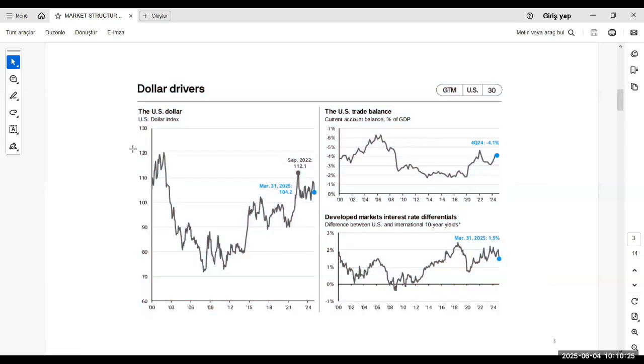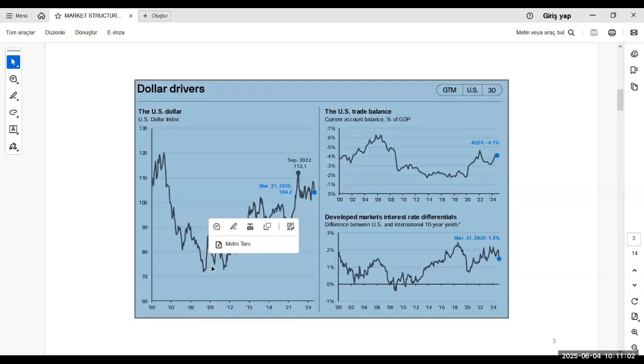From 2000, as you see, the dollar spot rate was approximately 120, meaning a 20% appreciation of the United States dollar against those 6 major currencies. When we entered the global financial crisis in 2008, the value dropped to approximately 75, meaning the United States dollar lost approximately 25% of its value against those currencies.